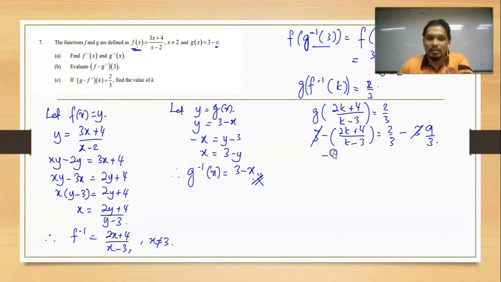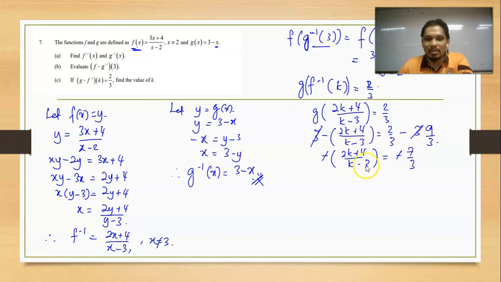So then negative 2k plus 4 divided by k minus 3 equal to 2 minus 9 equal to negative 7 over 3. Multiply by negative 1 on both sides. So 2k plus 4 divided by k minus 3 equal to 7 over 3.